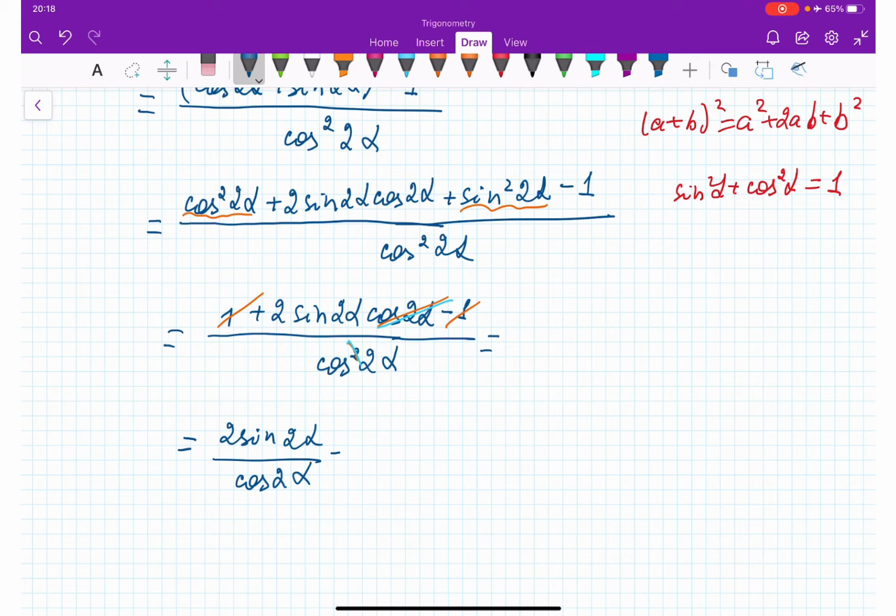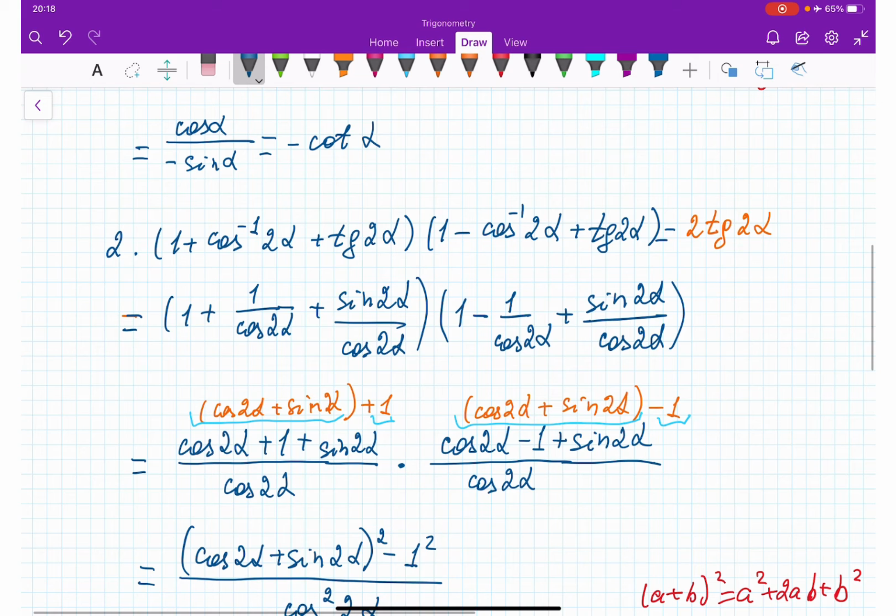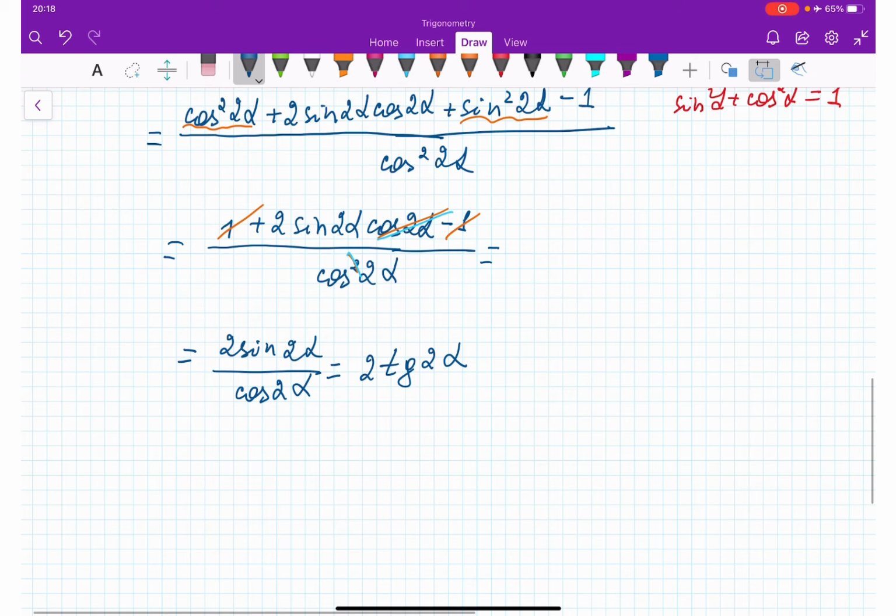And the answer is 2 tangent alpha. Let's come here and see if that's what we needed to prove. That's exactly what we needed to prove to get to tangent alpha. Here we got tangent alpha. All right? Okay.